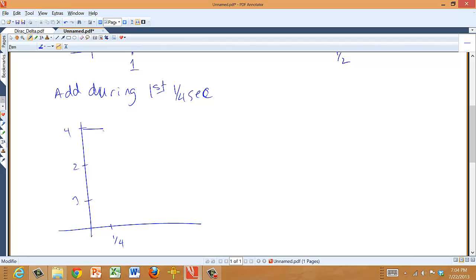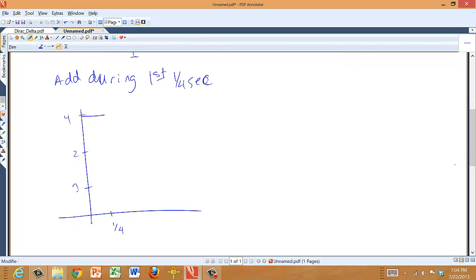So I'd be adding salt really, really, really quickly, and it would only be for a very short period of time. So what we want to do is continue this process. Imagine what happens as I add salt during shorter and shorter and shorter and shorter time periods.